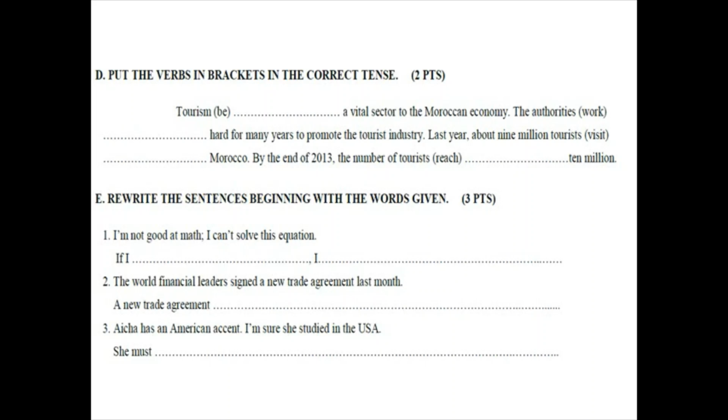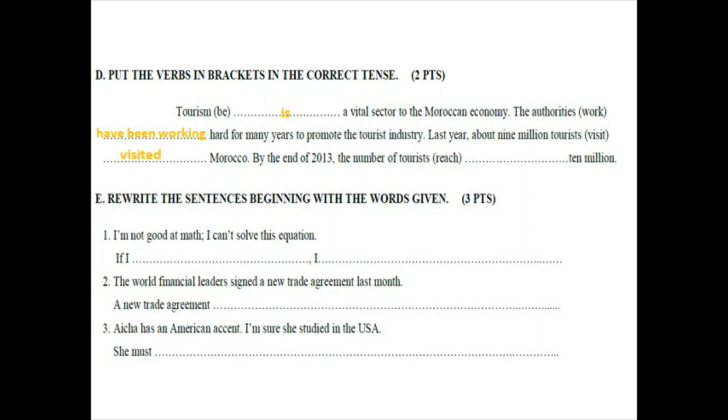The number of tourists reach 10 million. So what do we say here? Tourism is a vital sector. The authorities have been working, present perfect continuous. Last year, about 9 million tourists visited Morocco.